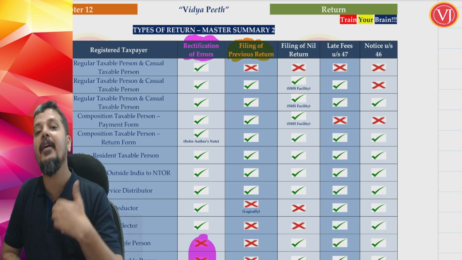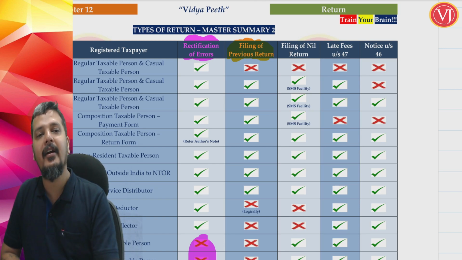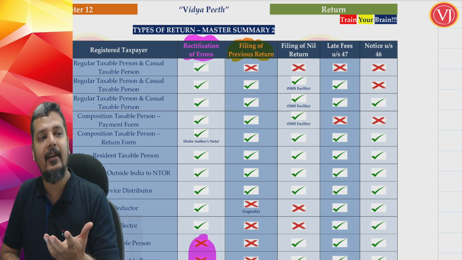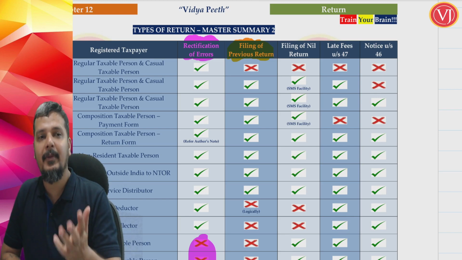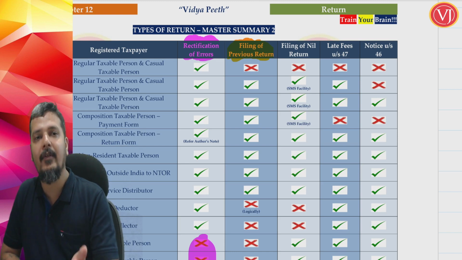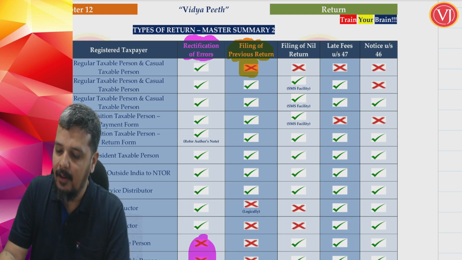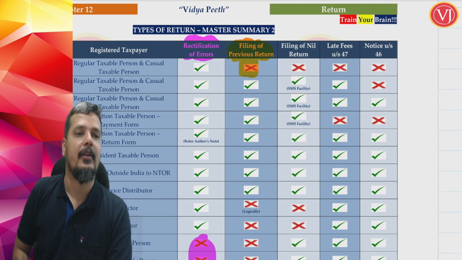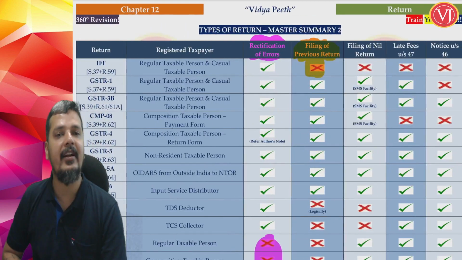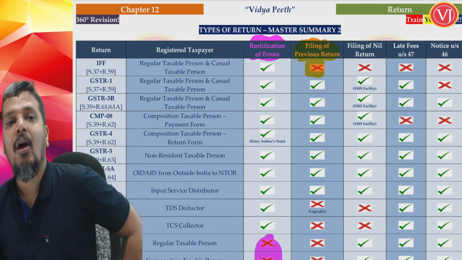Filing of the previous month's GSTR return is generally required to file my next month same type of return. But this again is not applicable for IFF, invoice furnishing facility, because filing IFF is optional.